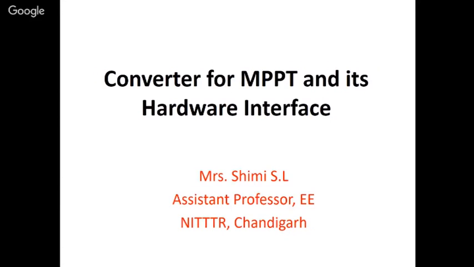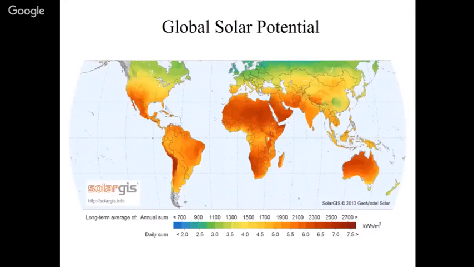So first of all, the global solar potential, if you see, this is the thing, around 80% of the whole world has solar potential. And India, you can see it is coming in the orange region, where in India also you have good solar potential. The main problem we face today, you all know, is scarcity of energy and quality of power.